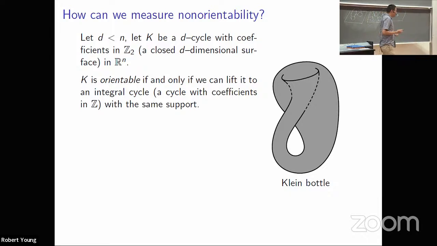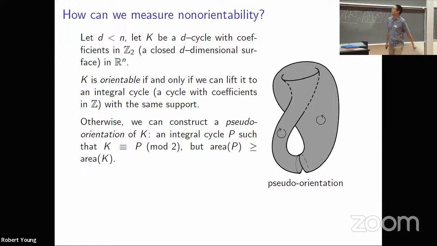So its fundamental class doesn't lift to a cycle with coefficients in Z, but we can produce what I'm going to call a pseudo-orientation. There is an integral cycle with bigger support than the Klein bottle, which is congruent to the fundamental class of the Klein bottle. In this case, we can take, say, the neck of the Klein bottle.